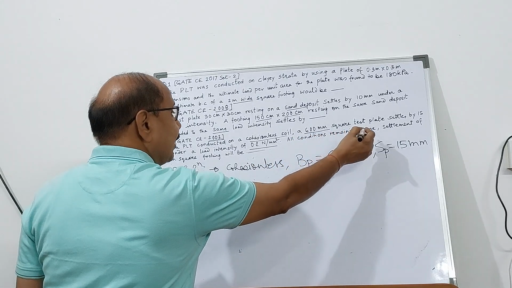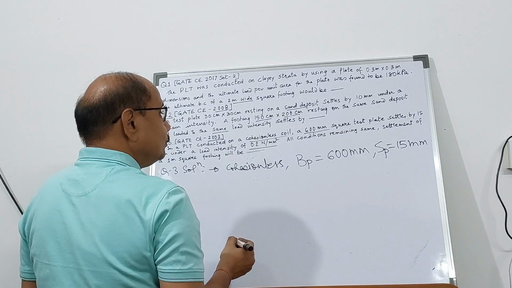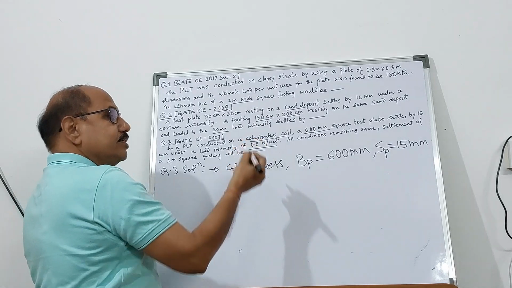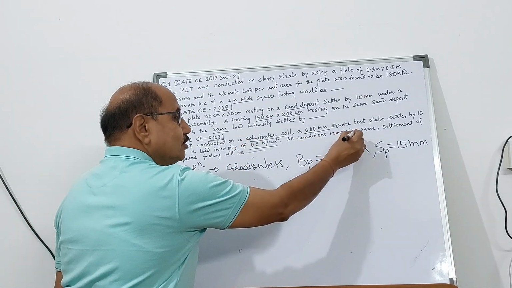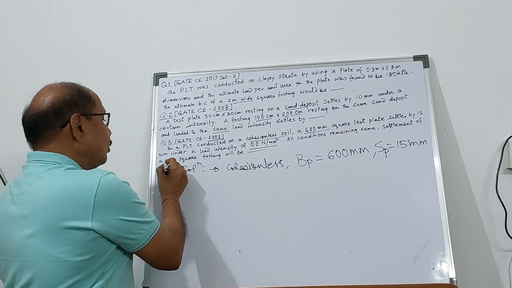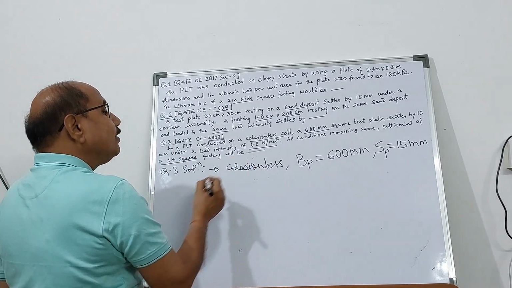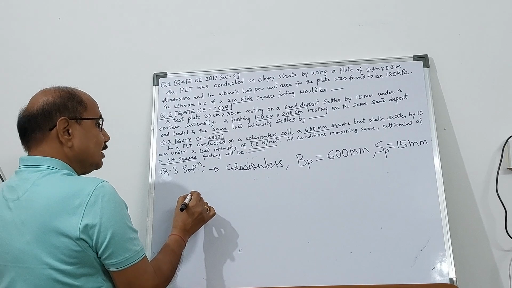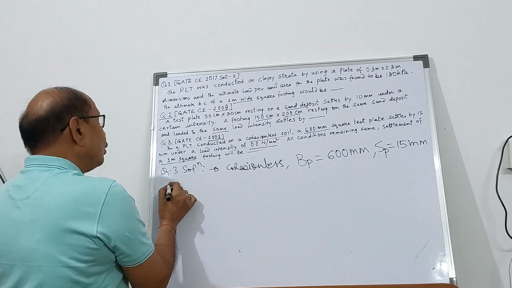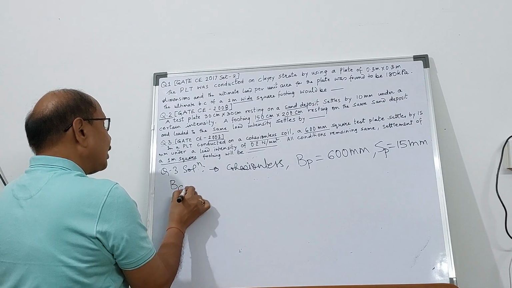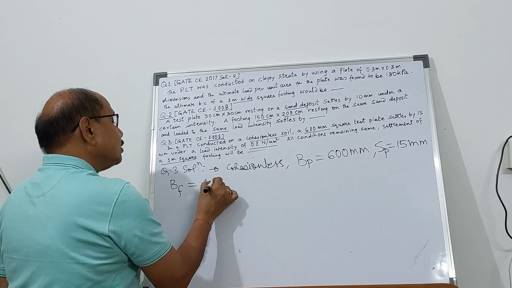All conditions remaining same. So same ground, same intensity of loading, all conditions remaining same, you will have to find out the settlement of a 1 meter square footing. So the width of the prototype footing is 1 meter.